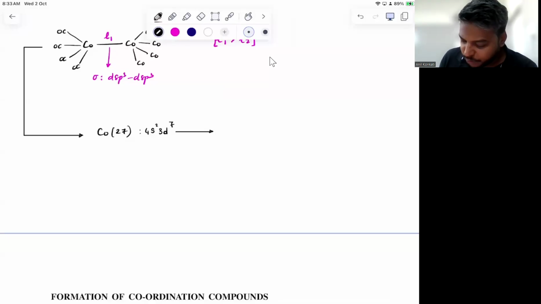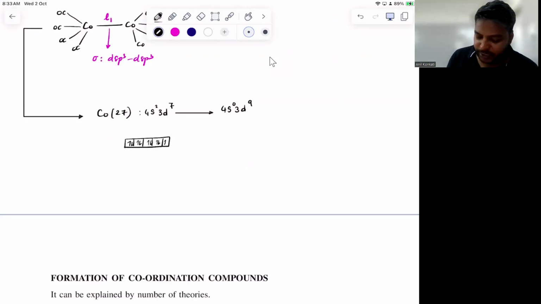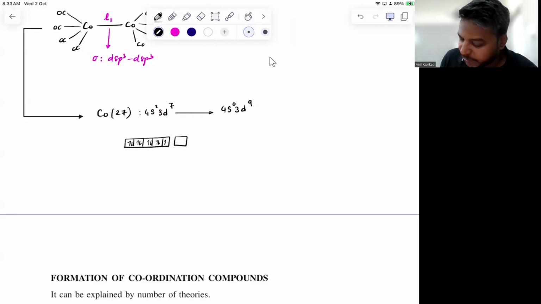So, how much will we get here? Sorry, as we push it, we'll get 4s0 and 3d9, right? So, in this 3d orbital, 1, 2, 3, 4, 5, 6, 7, 8, 9. 9 electrons are present here. And we have 4s empty and we have 4p empty.